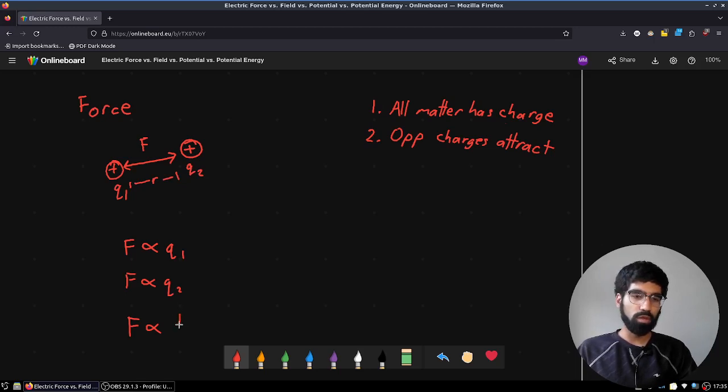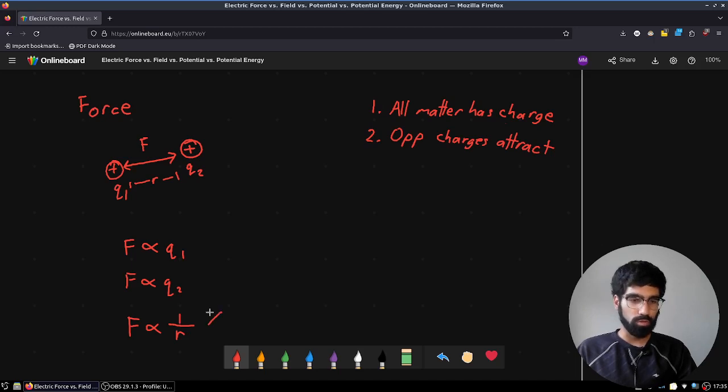If that were true, then we would say that the force is inversely proportional to r, meaning that as r goes up, 1 divided by r would result in a smaller number, so the force would go down as r goes up.